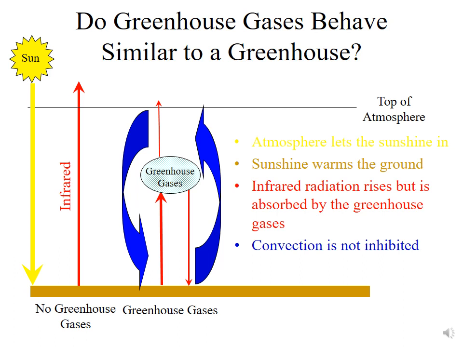So with the greenhouse gases in the atmosphere, the surface is warmer than it otherwise would be. And that warming surface essentially causes convection, which can then mix the atmosphere. So there are some similarities between how the atmosphere behaves and the greenhouse scenario, as shown in the previous slide.